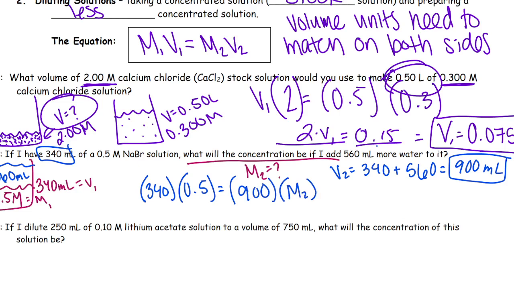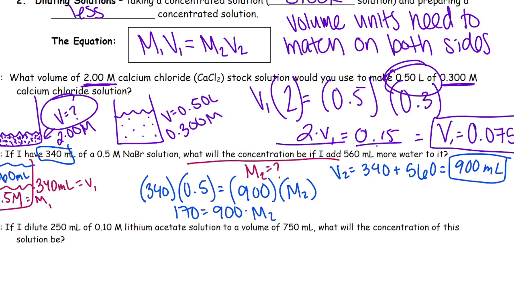So same thing here, I would multiply 340 times 0.5. 340 times 0.5 gives me 170, and that is equal to 900 times M2.